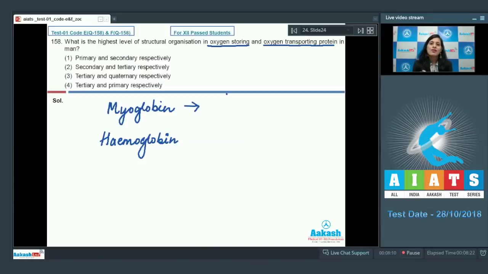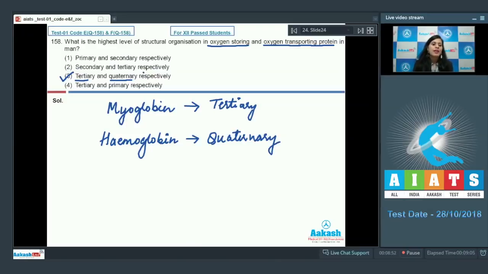And the highest level of structural organization for myoglobin is tertiary, whereas for hemoglobin it is quaternary. So the correct answer for this question is option number 3, that is tertiary and quaternary structure respectively for myoglobin and hemoglobin.